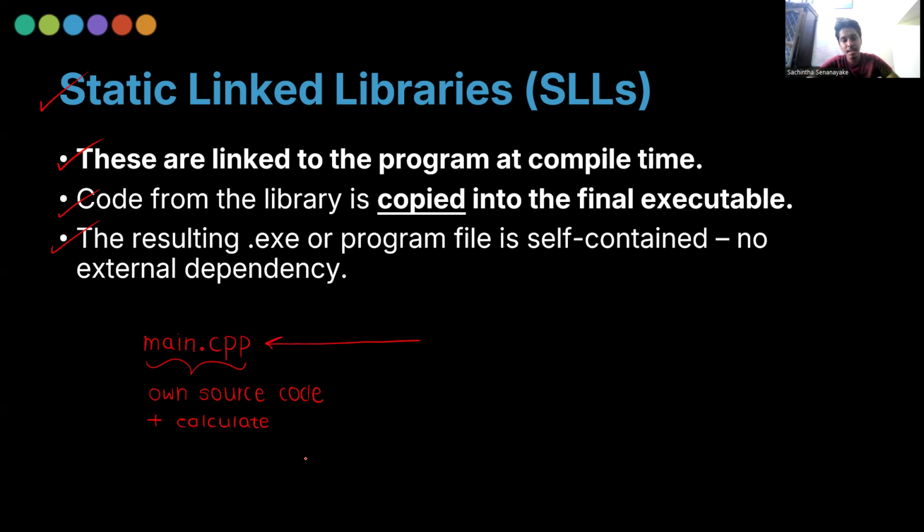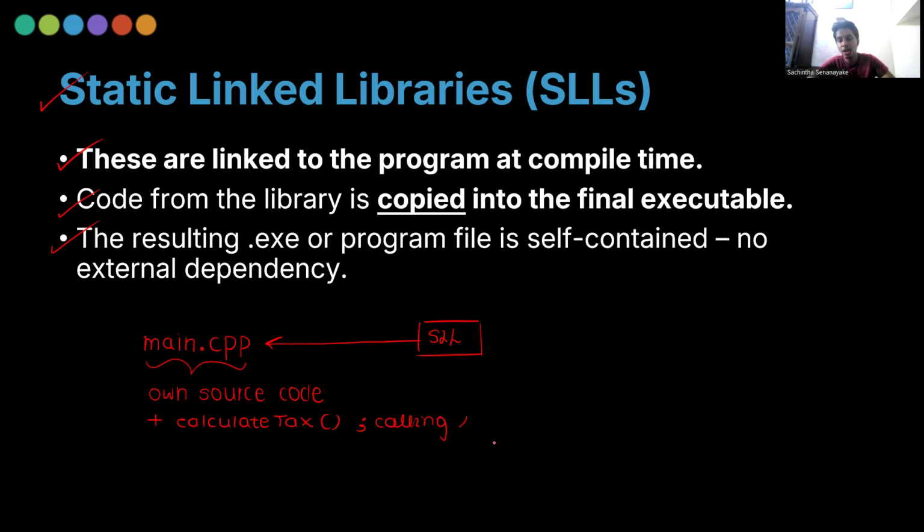Now, have you implemented calculate tax? No. You have borrowed calculate tax from a SLL, a static link library. So in main.cpp, you have your own source code, and you're also calling this library program.